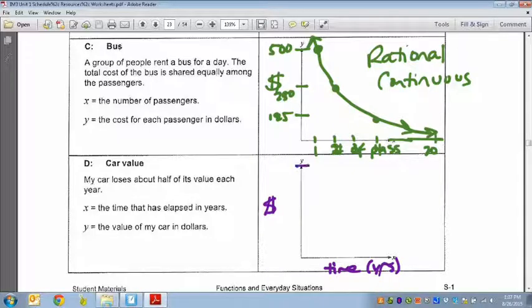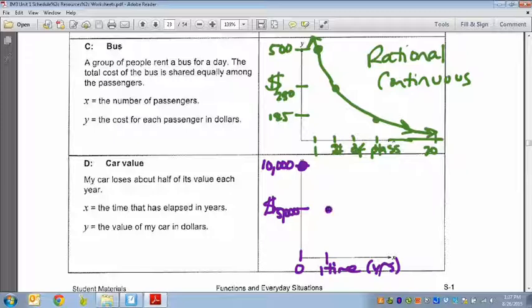So let's say I bought the car, and we'll say it costs $10,000. So $10,000 car, and I just bought it, so it's literally 0 years old. So it's $10,000. It was that amount as soon as I started owning it, which time in years was 0. Then, as the scenario says, after 1 year, it's cut in half. So it's only worth $5,000.